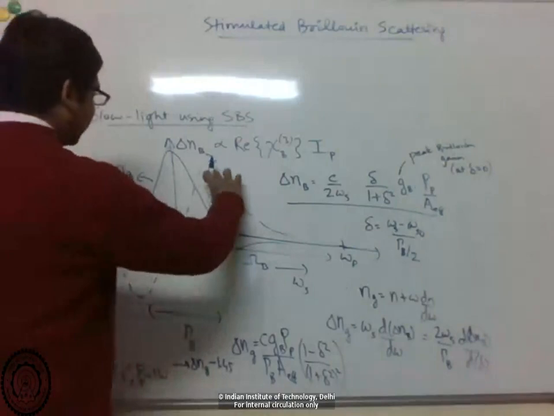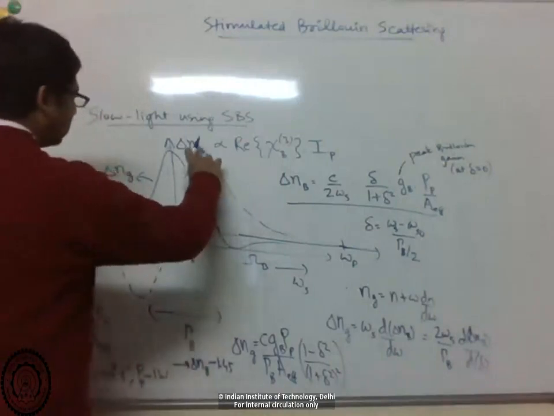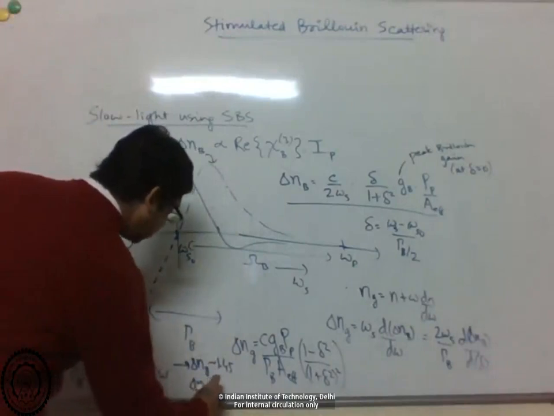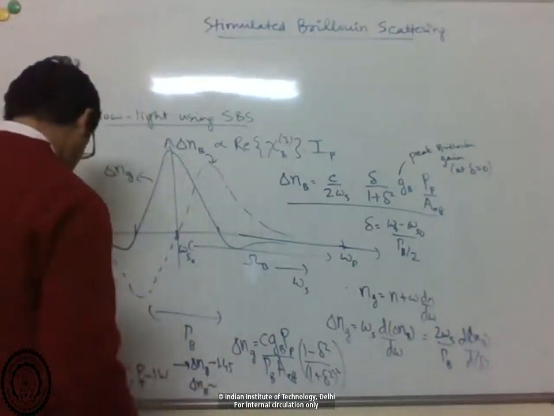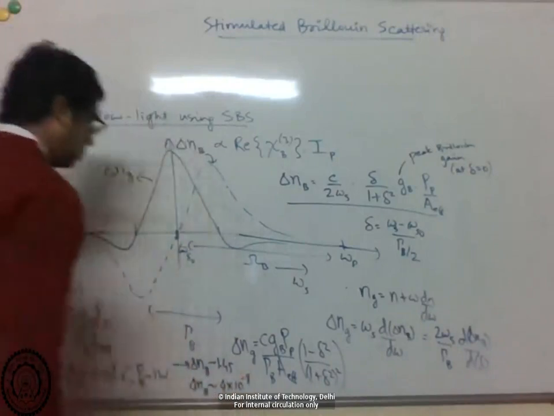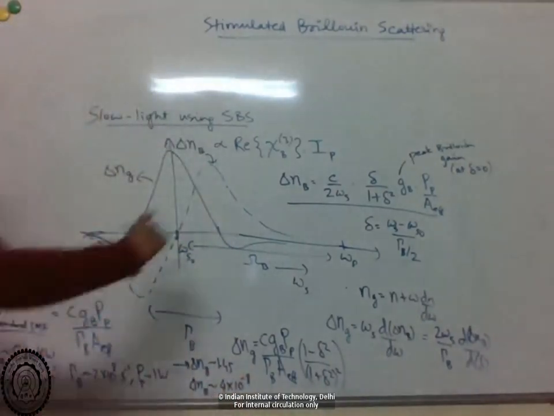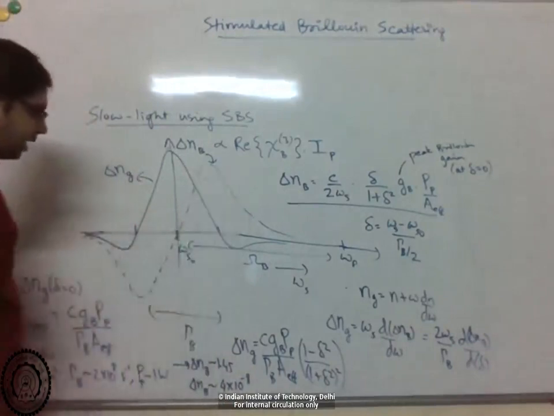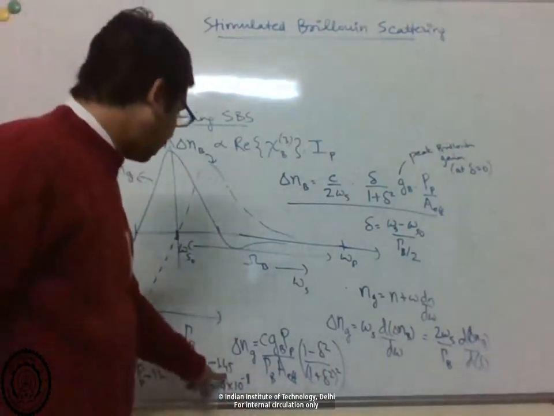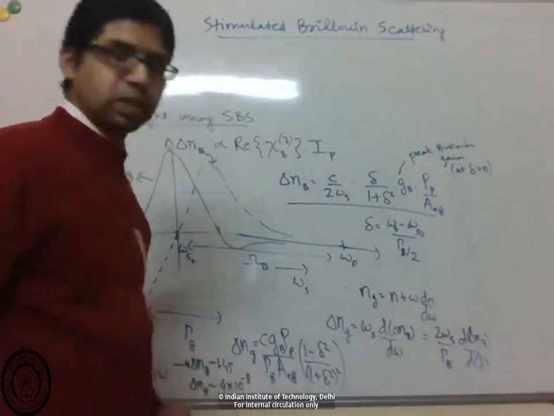So recall that this change in the actual refractive index, delta NB is actually very small. So that's about 10 to the minus 8. Okay, so this change in index, the actual refractive index is not changing much, right? From 1.45, it's only changing by 4 times 10 to the minus 8.